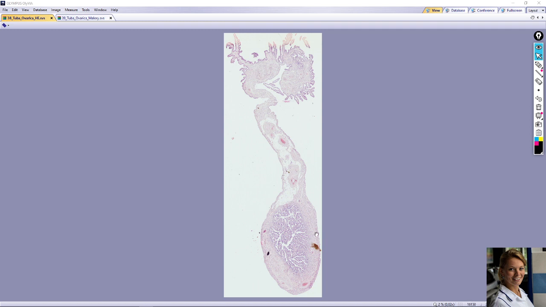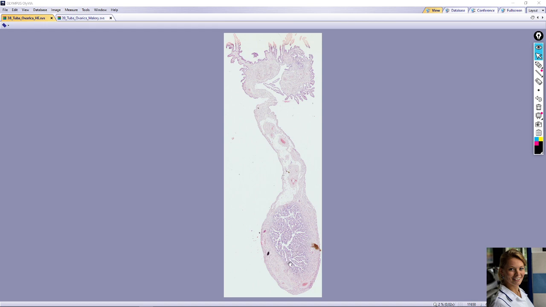The ampulla, here you can see a cross-section through the ampulla. This is part of the uterine tube. It is the longest part of the tube and is normally the site of fertilization.